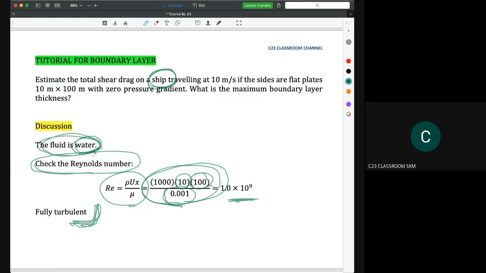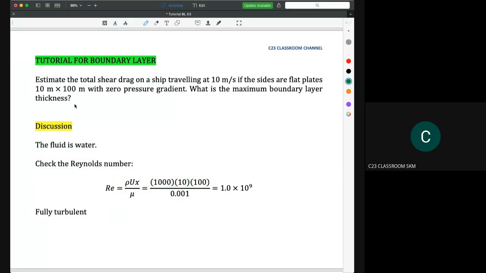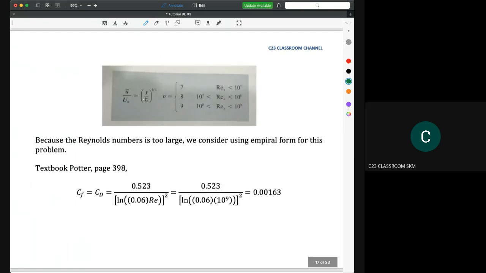With this high Reynolds number, the length of laminar flow is actually very, very small. You may calculate the laminar to turbulent transition, but normally we could ignore the laminar boundary layer. So let's assume it is fully turbulent. Because we don't have any velocity profile here, we could make an assumption by using this table.